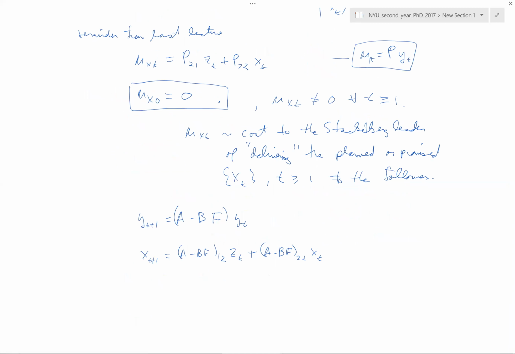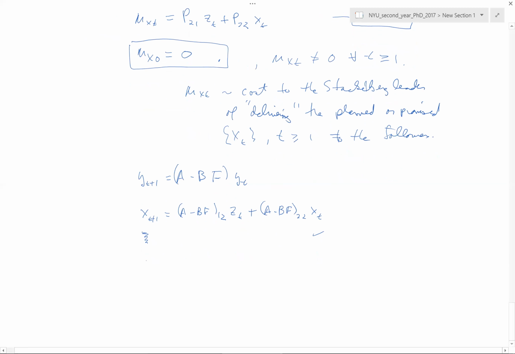This is telling us how the Stackelberg leader takes the value starting from 0 and updates a future x, and then the decision rule that the Stackelberg leader uses at time t is f1 zt plus f2 xt. So it's feeding back on this xt.